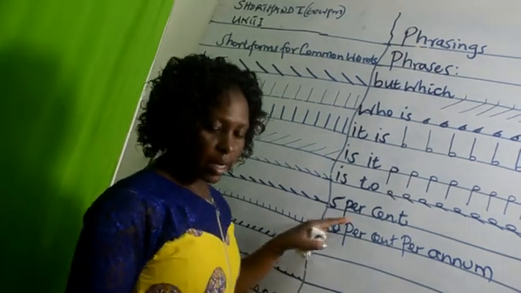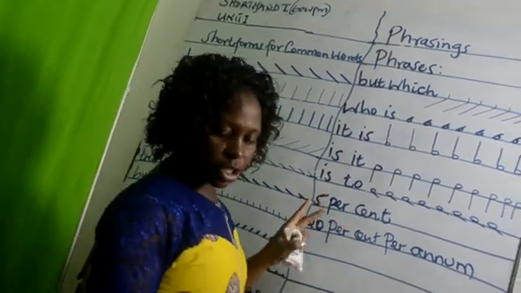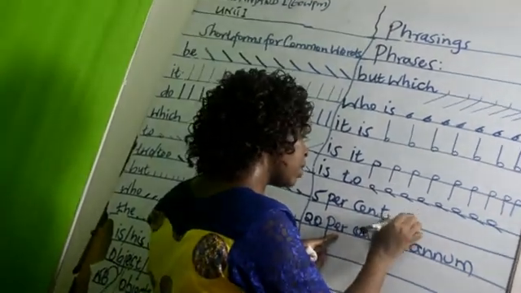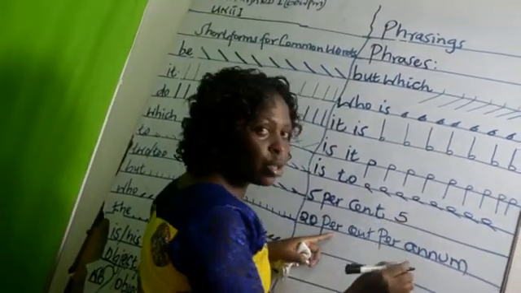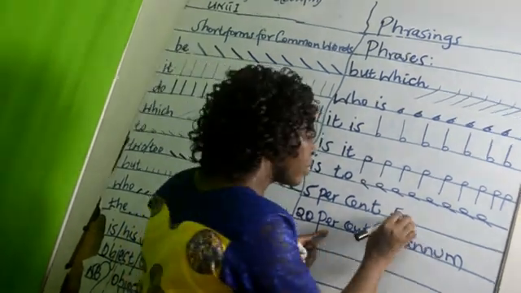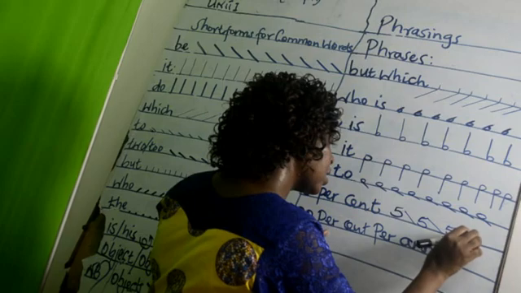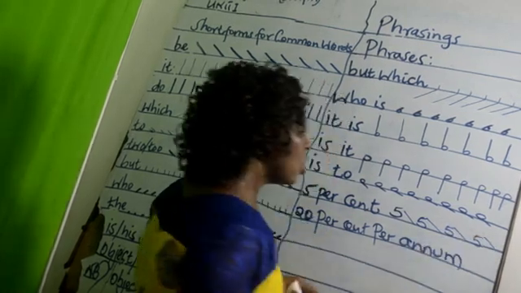This is how we drill this. If in your dictation you get a word such as 5%, you write the figure 5 and then you use the stroke of P. 5%. You increase your speed as you drill.